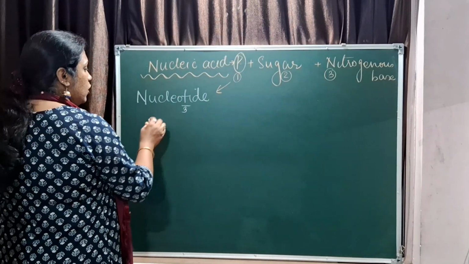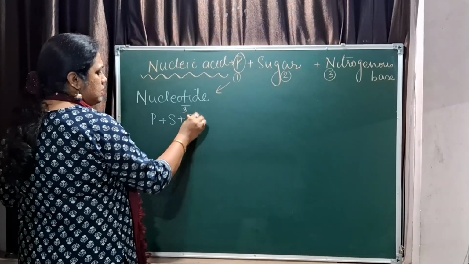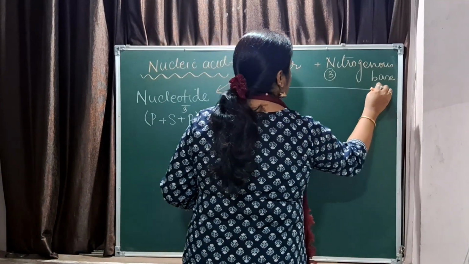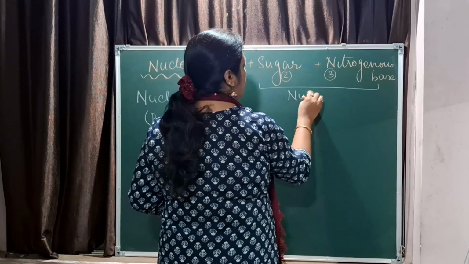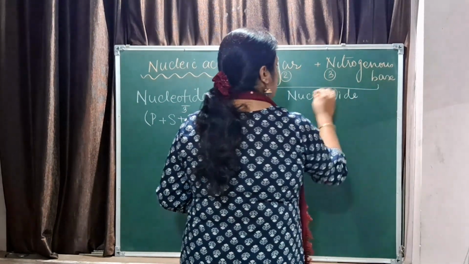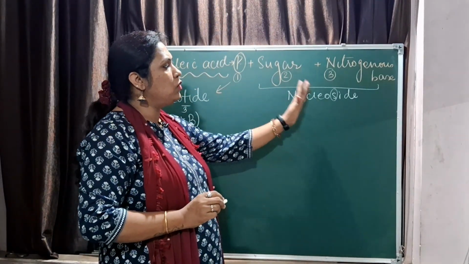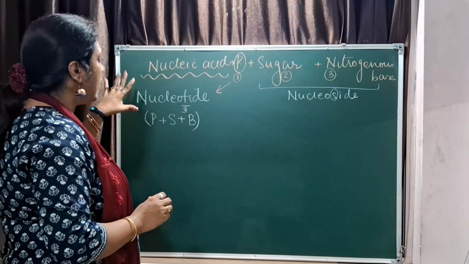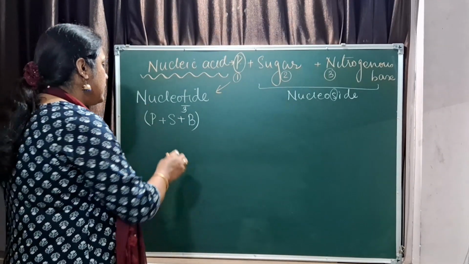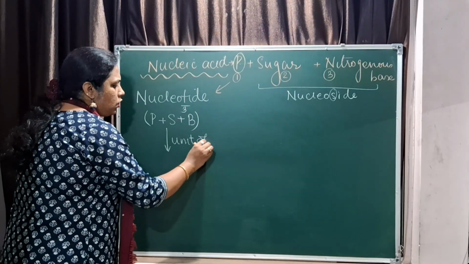So what is nucleotide? Phosphate plus sugar plus base is a nucleotide. Only sugar and nitrogenous base is called a nucleoside. So nucleoside has got only two components, sugar and nitrogenous base, and nucleotide has got three components, phosphate, sugar and base. It is a unit of DNA.